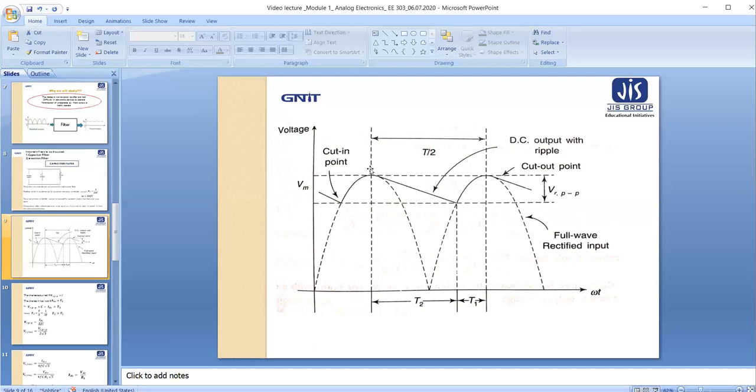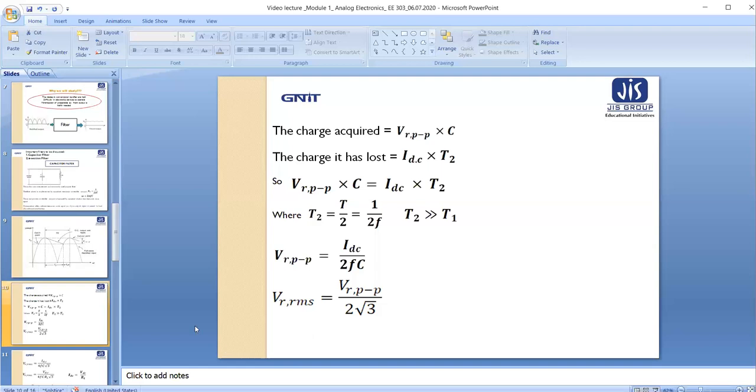If you observe the upper portion of the dotted graph, it looks somewhat like a triangular wave. In a triangular wave, the RMS value is equal to the peak to peak value by 2 root 3. So the RMS value of the ripple voltage is VR peak to peak by 2 root 3.